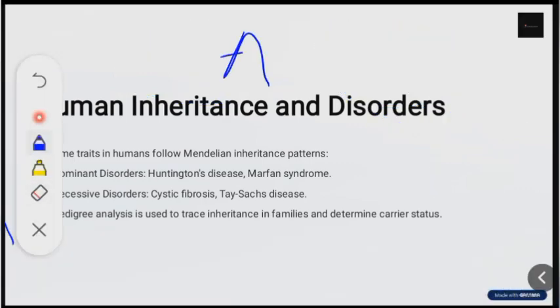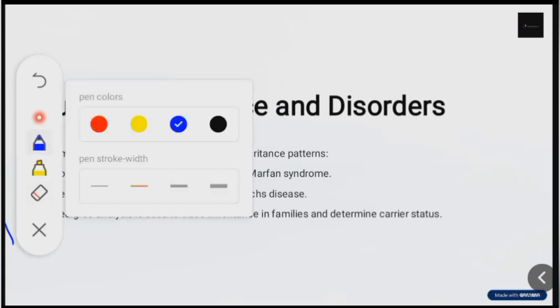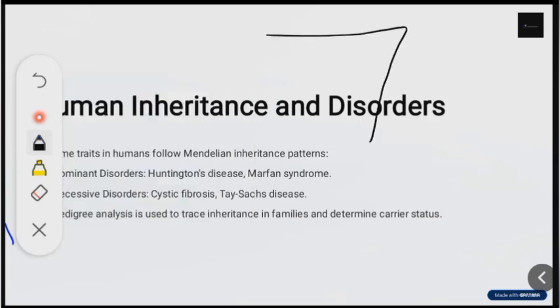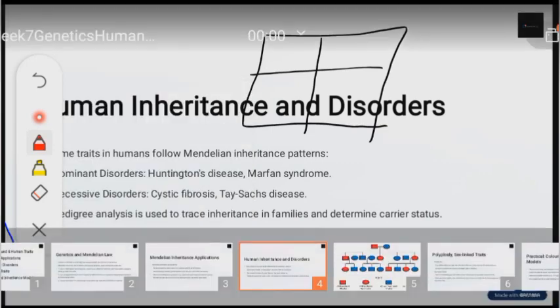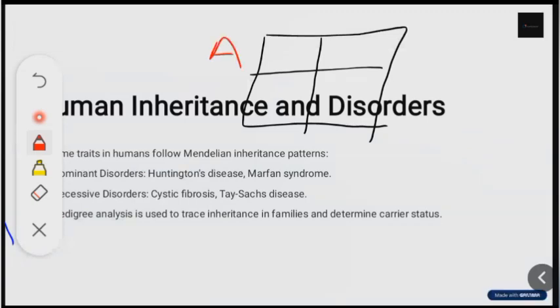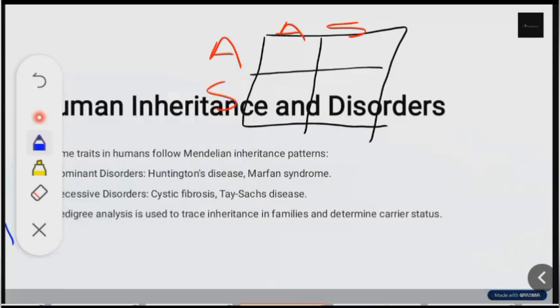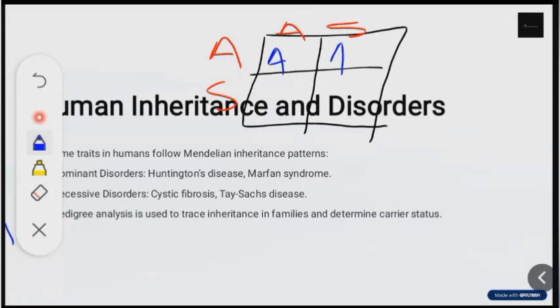In your blood genotype, let me use a Punnett square so things will be easier for us. You can have AA, AS, or SS.